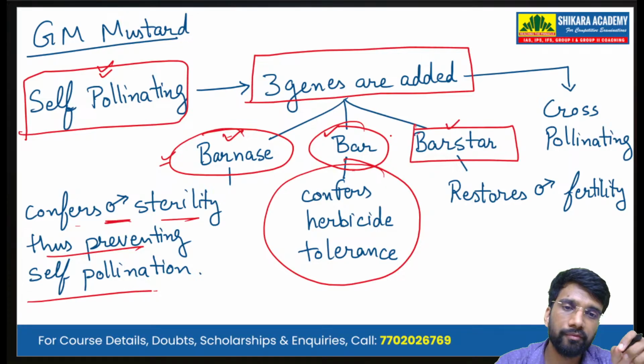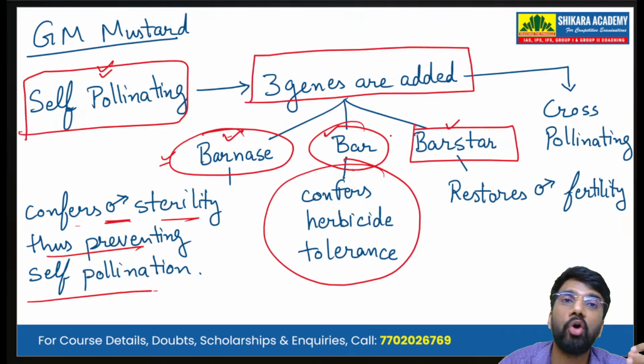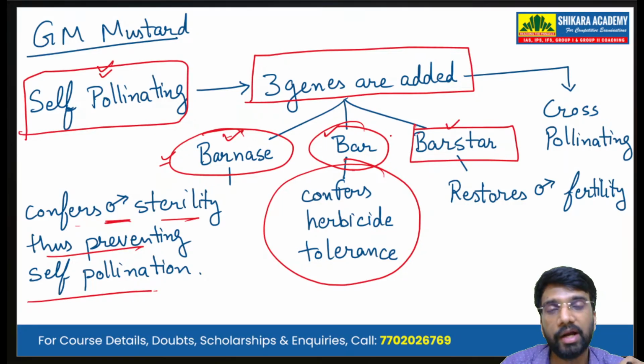Now, we have made the male part sterile and we have got the hybrid. That is the hybrid plant, that is our product. But now we want that desired hybrid to self-pollinate, because it is a desired hybrid.